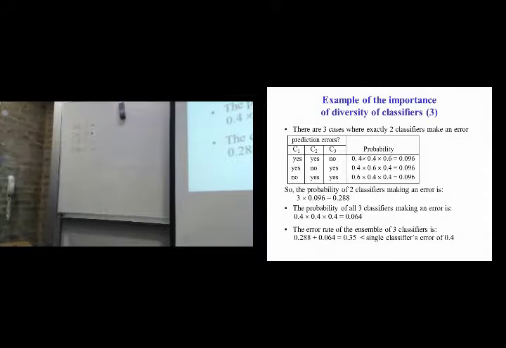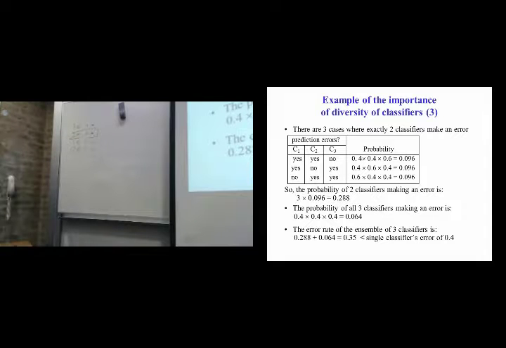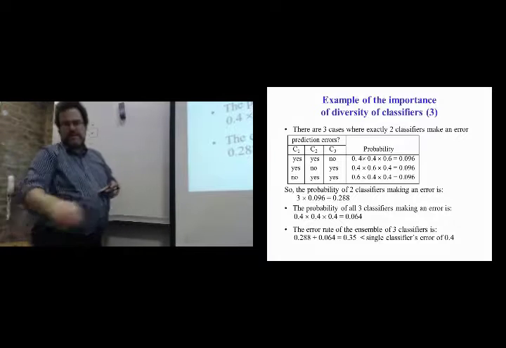And so what this example was about was calculating the probability of getting things in these 2 classes. So the table there is about this bit, yeah, where of the 3 classifiers, 2 of them make an error, and we can calculate the probability of that, yeah.